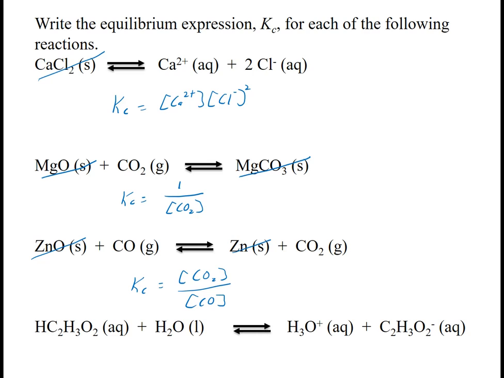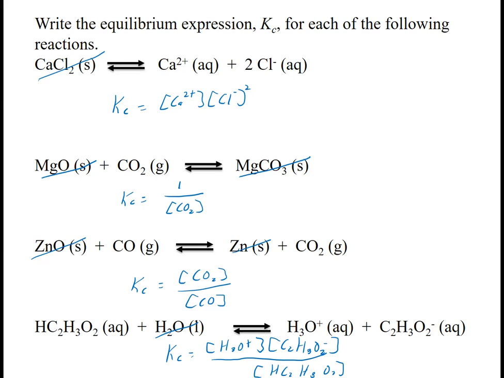And this last one, I have aqueous, liquid, aqueous, and aqueous, so the liquid's not included. So Kc becomes the concentration of H3O plus times C2H3O2 minus, which is the acetate ion, over the HC2H3O2 concentration.